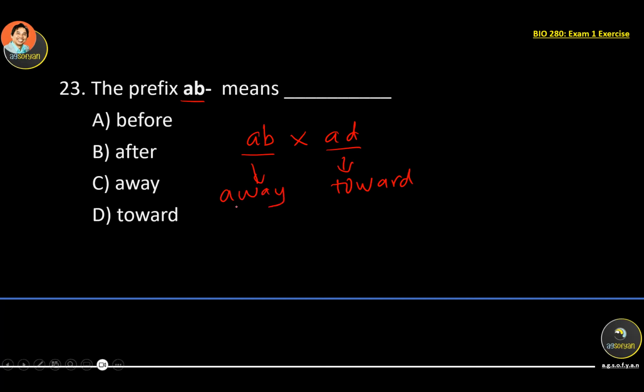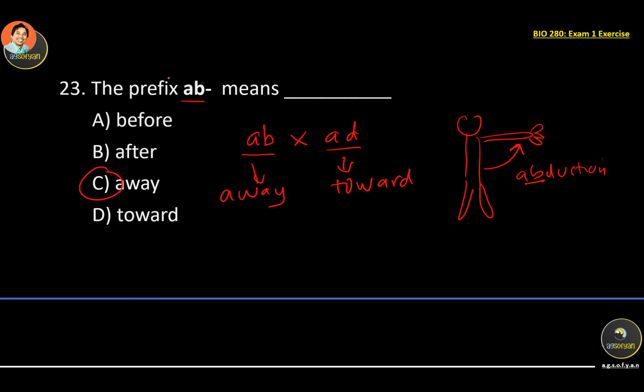For example, when we move our arm from the middle to outside, it's called abduction. Just remember, when an alien abducts a girl or a kid, it's going to be away from. So this is going to be away.